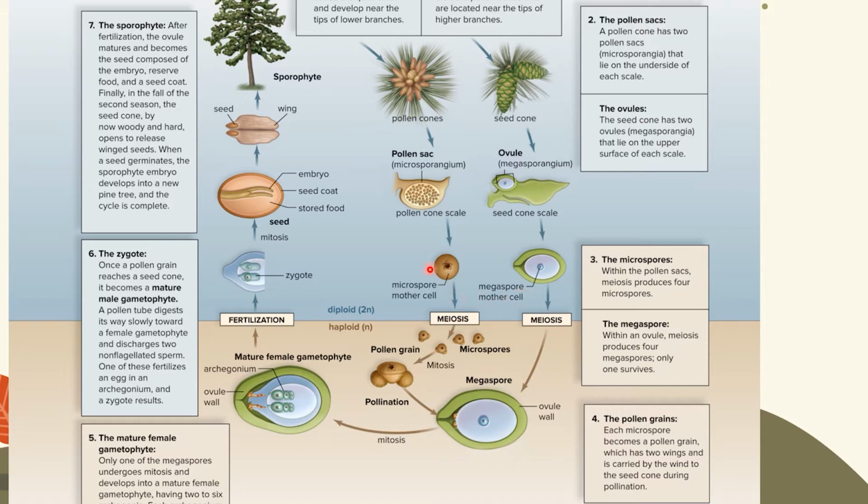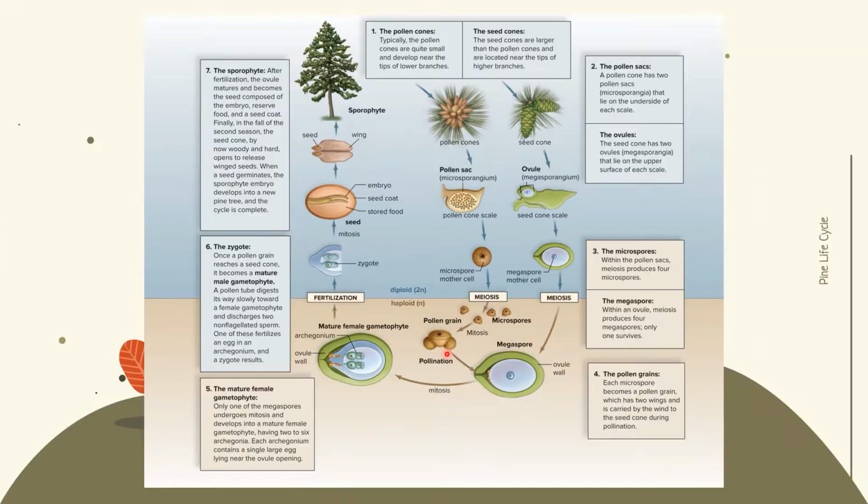So the microspore mother cell will give rise to microspores. Since microspores are haploid, this means that the microspore mother cell will undergo meiosis and produce 4 microspores. Each microspore will undergo mitosis and develop into a pollen grain.